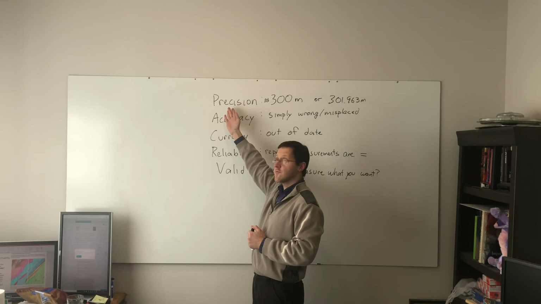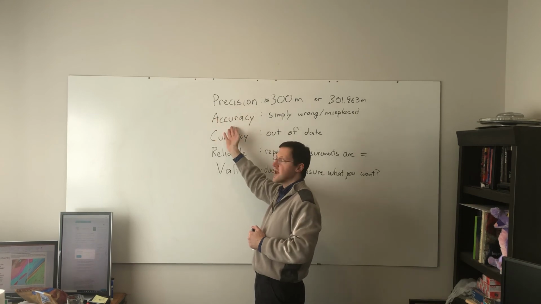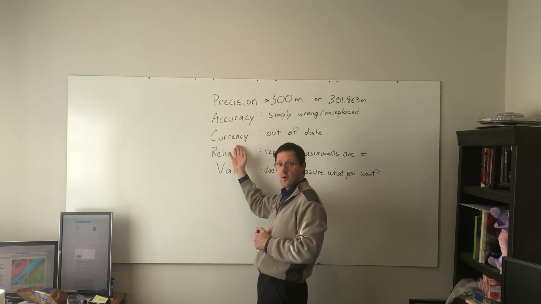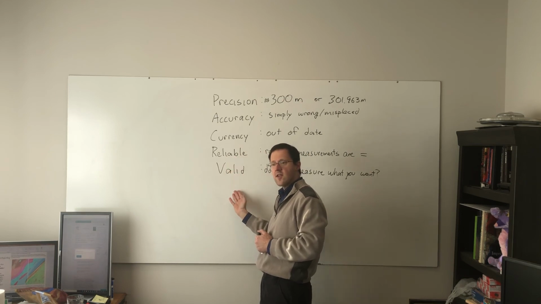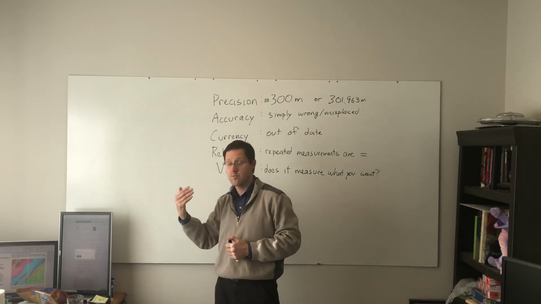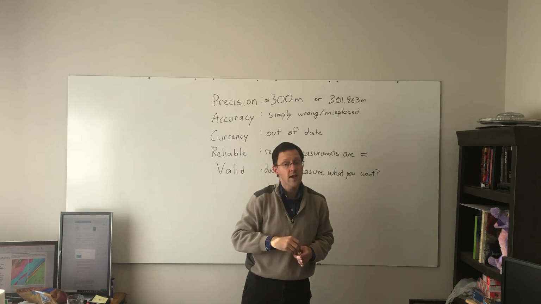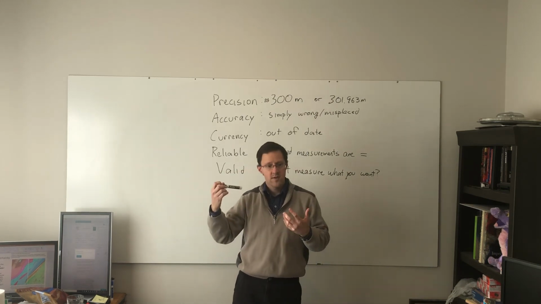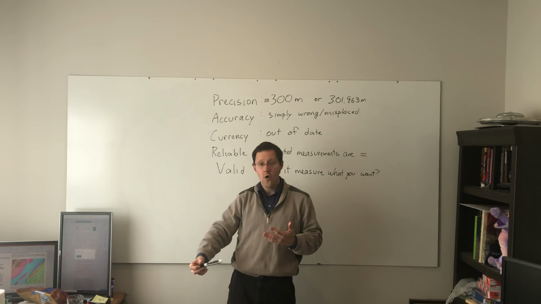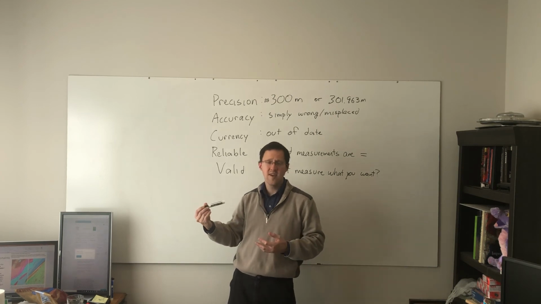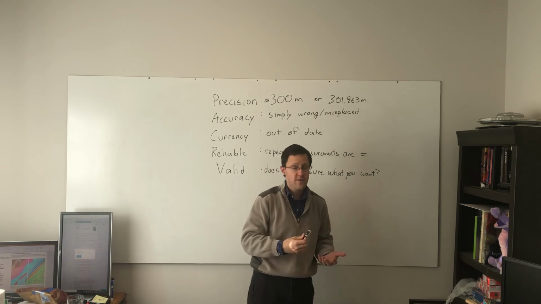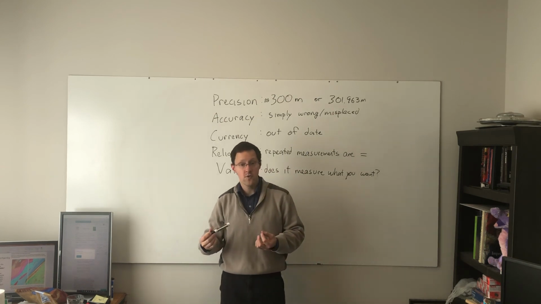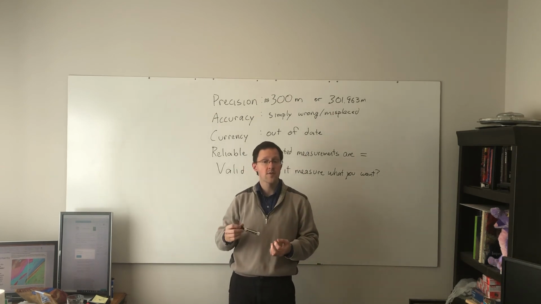So our data is as precise as it can be, as accurate as it can be, as current or up to date as possible, as well as reliable and valid in measuring what we actually want it to tell us. So all of these as sources of uncertainty can affect our analysis, can affect our conclusions, even though we do strive to minimize them as much as possible.